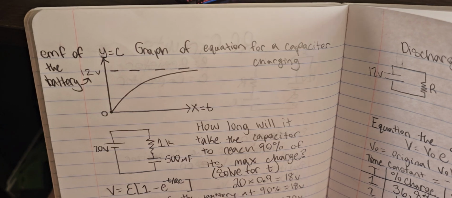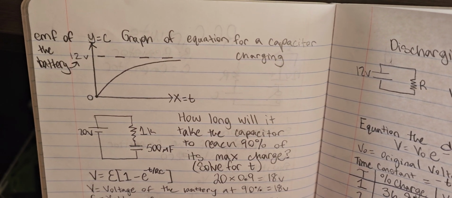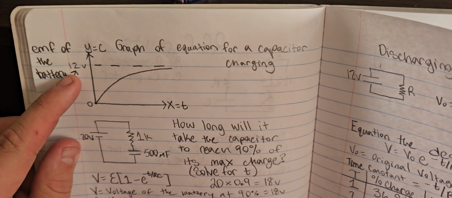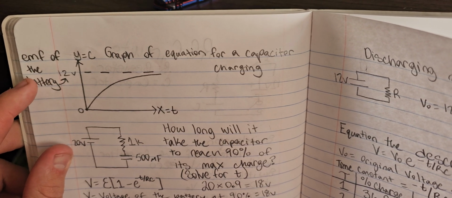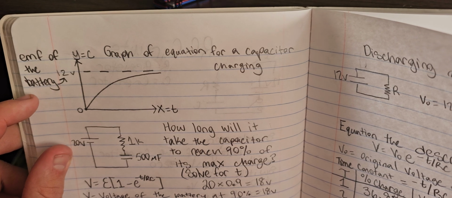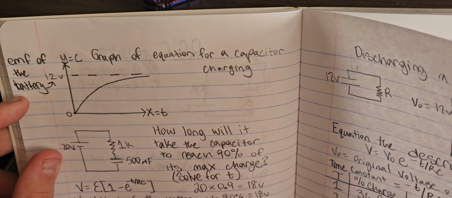This is the graph for the capacitor charging. The 12 volts is the EMF of the battery, so it's the initial voltage of the circuit.